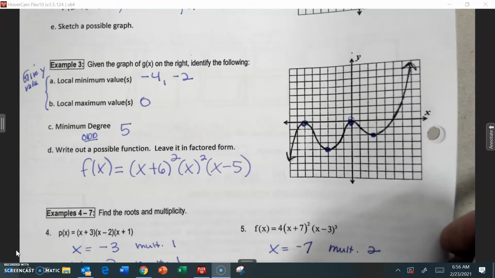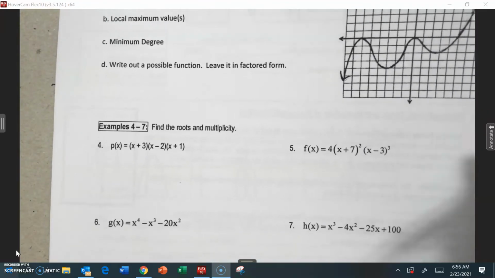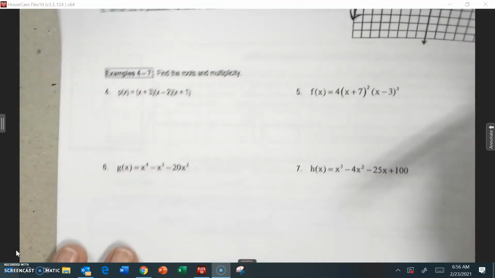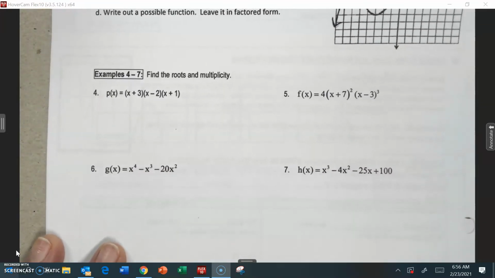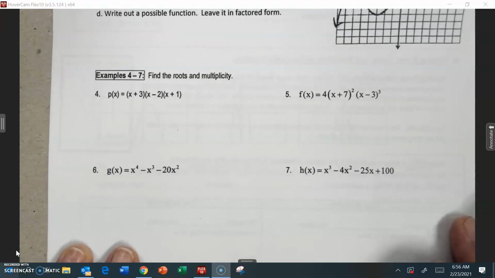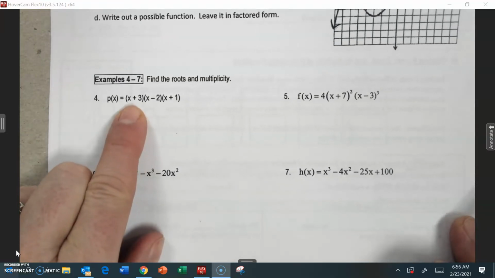All right, I'm going to walk through the following examples with you and kind of work them out, okay? So a lot of this is going to be really straightforward and fast, but finding the roots means finding the solutions.